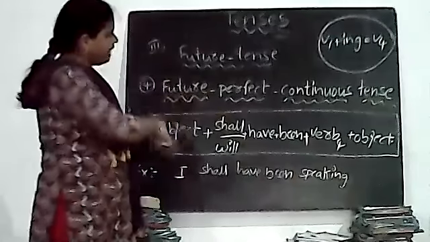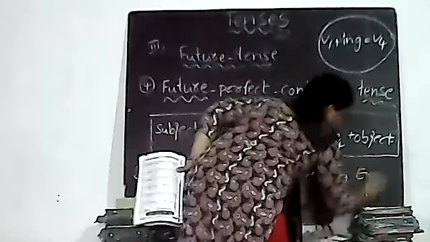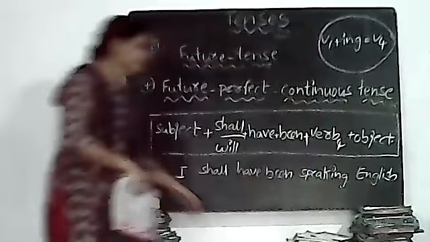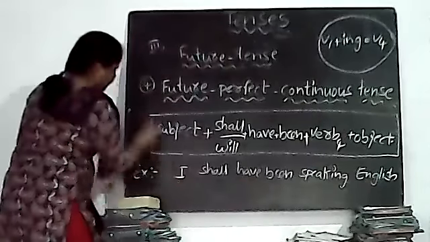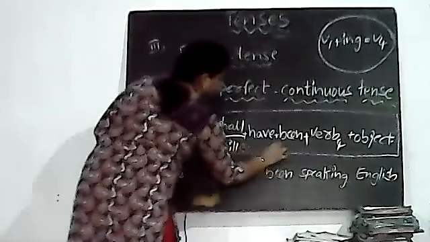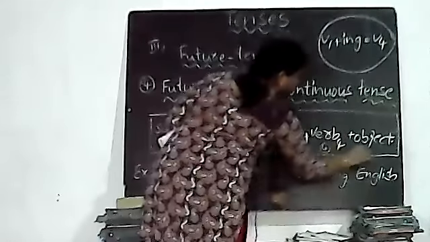Again we write speak plus ing, speaking. We are taking English. So: I shall have been speaking English. Again I divide it into five parts.